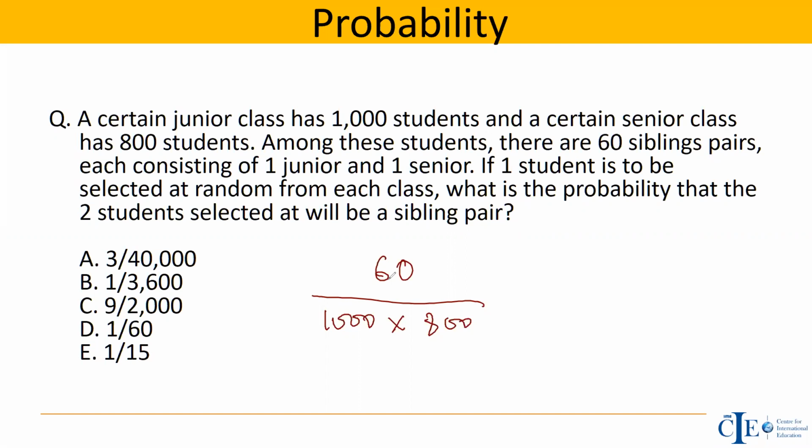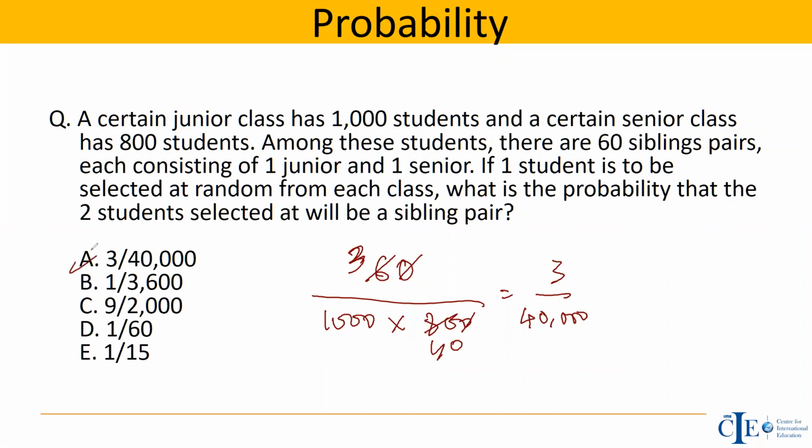So 60 pairs out of the total of these many pairs. And hence the required probability in this case will be, cancel, 3 over 40,000.